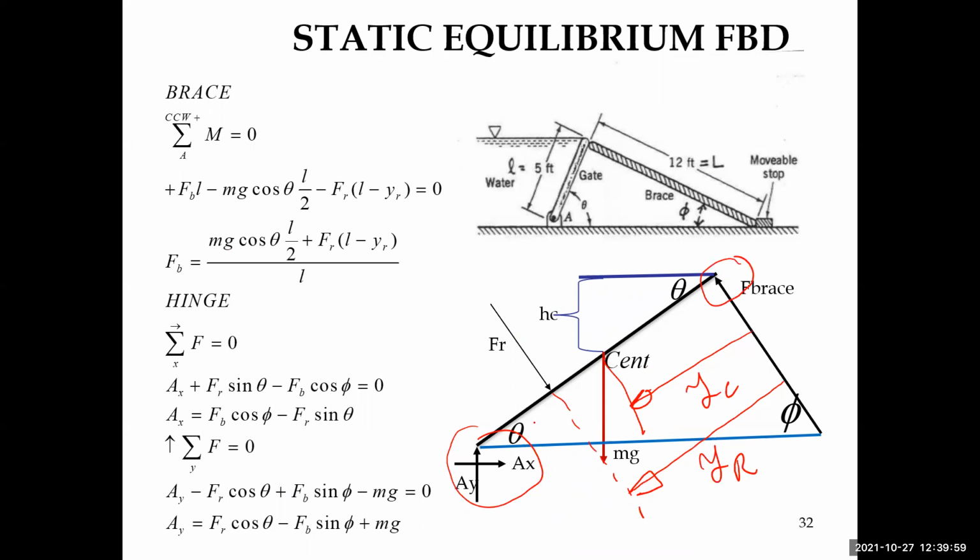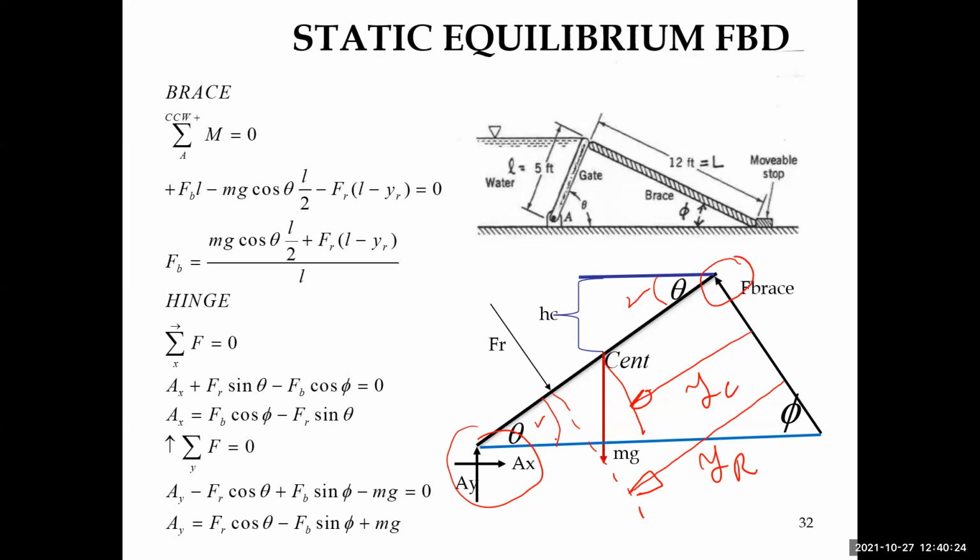These 2 angles are the same from geometry, theta and theta, here and here. So I need to take the summation of the moments about some point, any point. I need to take the summation of forces in the x direction, and I need to take the summation of forces in the y direction.